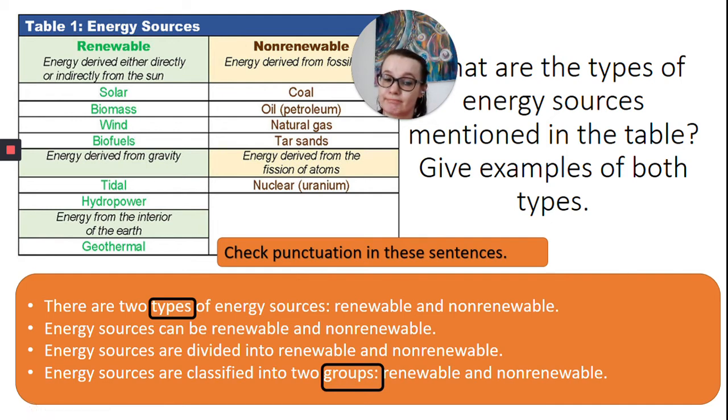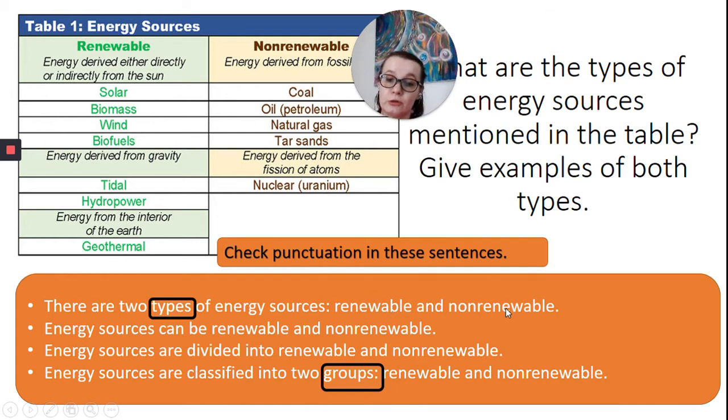So we write what it is, and then we put a colon, and then we name these groups. We talk about 2 types of energy sources, colon, and here we name them, renewable and non-renewable.